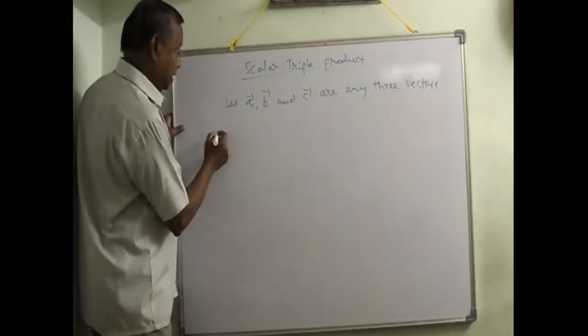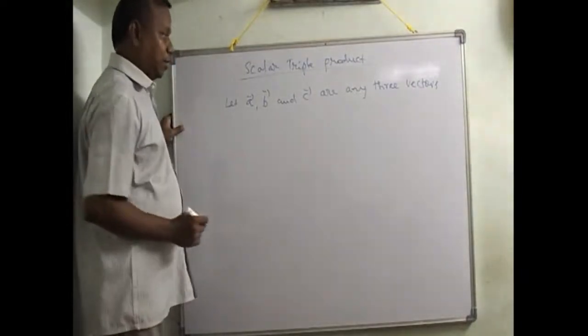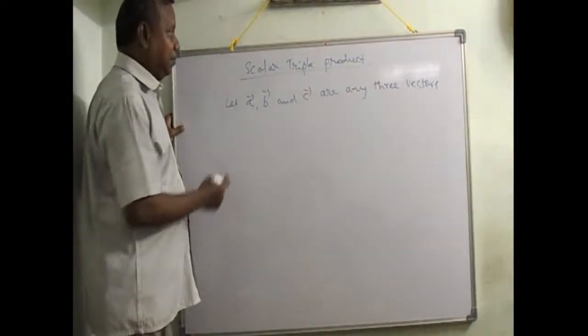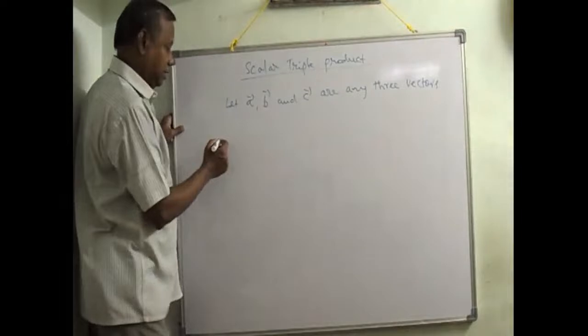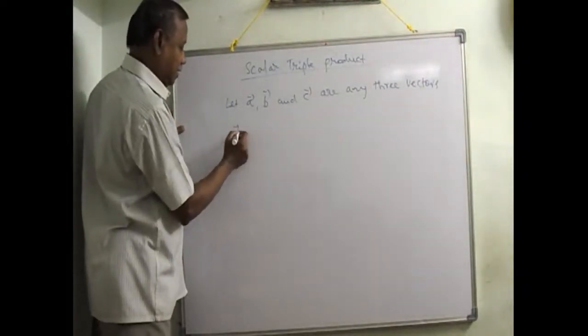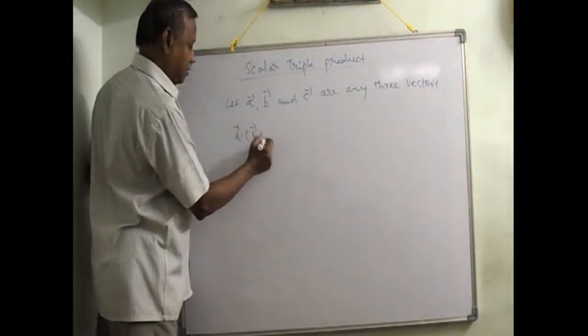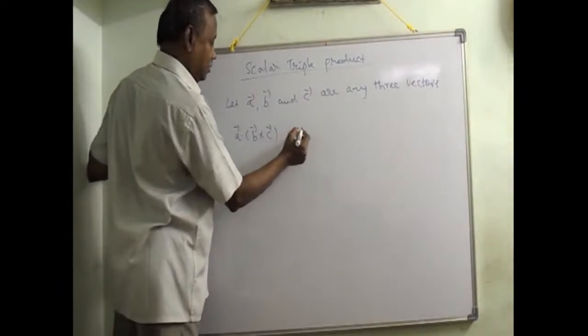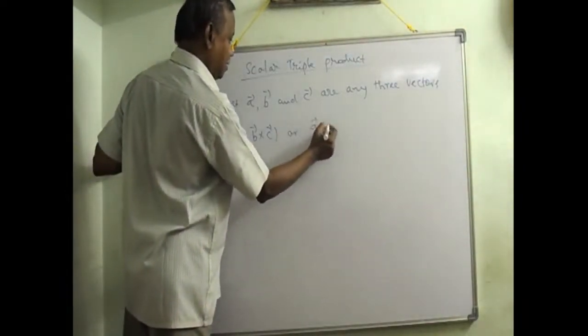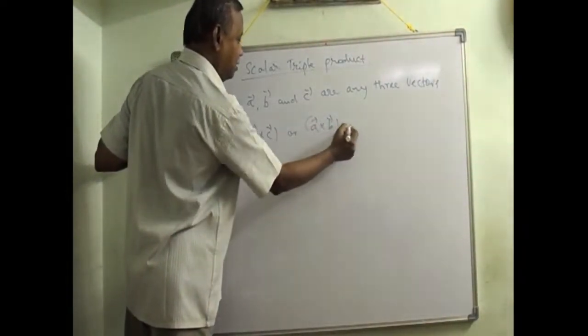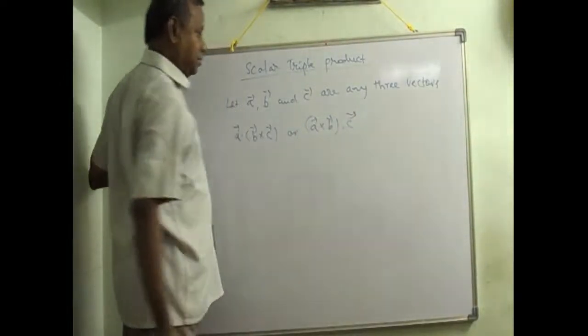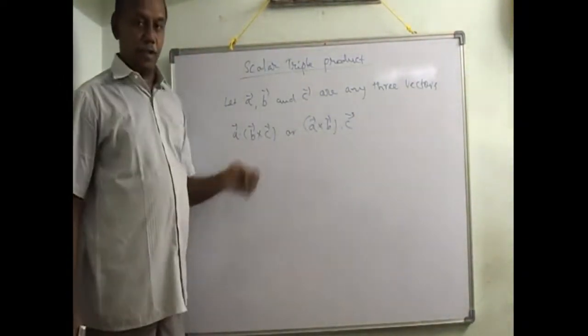Now the scalar triple product, in short STP, is given by a vector dot of b vector cross c vector, or a vector cross b vector dot c vector. So this is a scalar triple product.